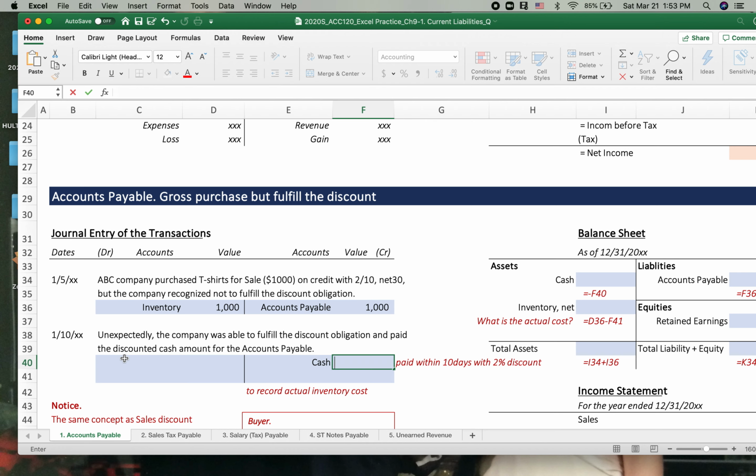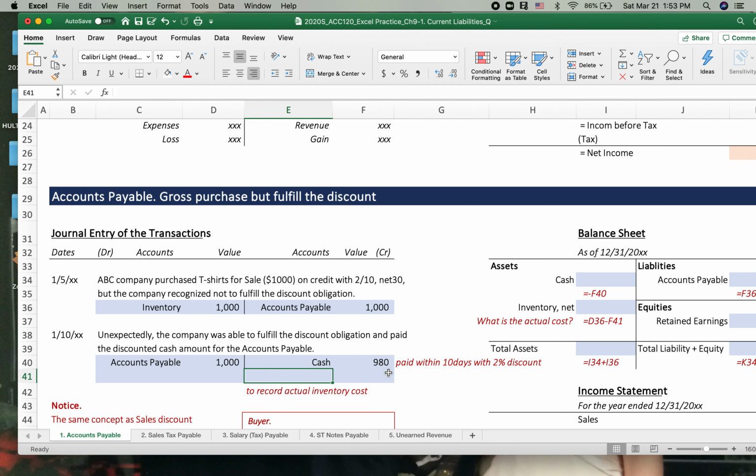No. The company has the discount term, so 980. Then the accounts payable $1,000 is removed, even though we pay 980, because the vendor promised you the 2% discount if the ABC company pays within 10 days.